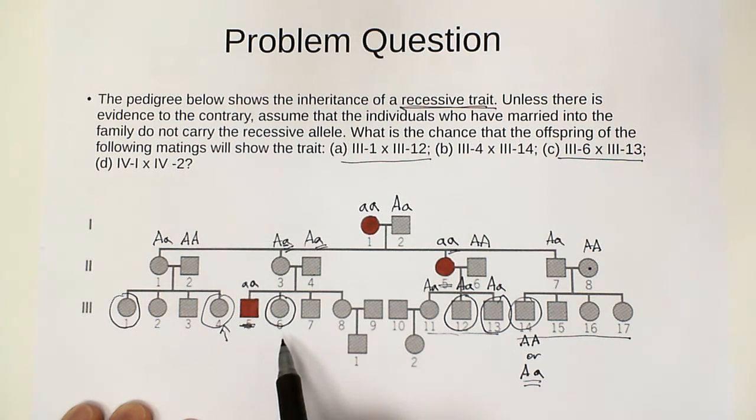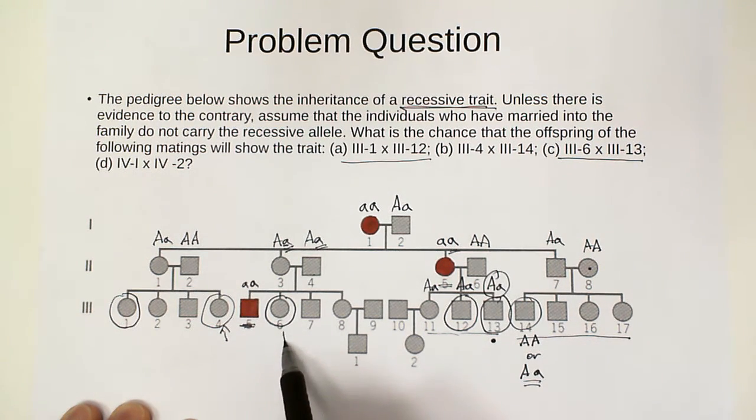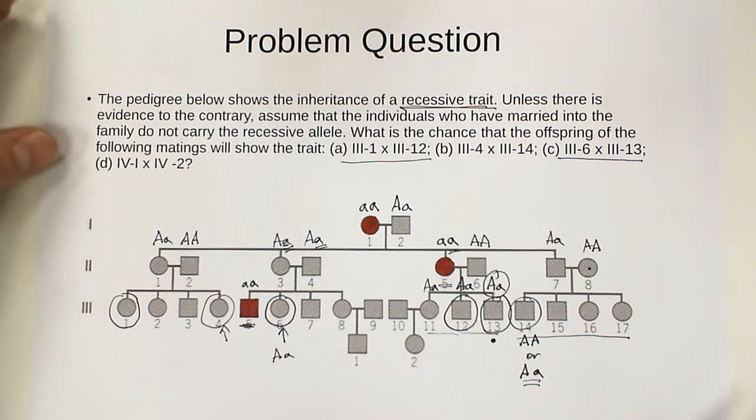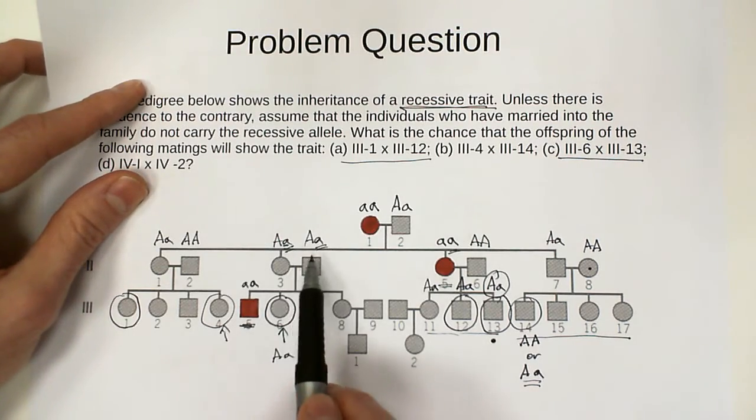In this case, again, the probability of having a child with a little a is still 1/4, so that still applies. And the probability that this person here, 3-13, is big A, little a is 1. But the probability of this person being big A, little a is what we still need to calculate, and that's going to be a little bit different because both of the parents here are heterozygous.